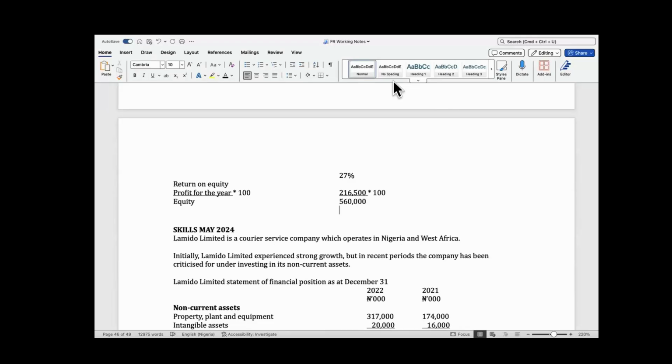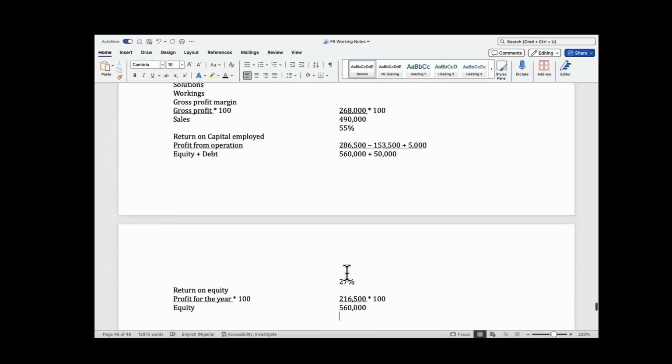The 27%, I have 22.6. I'm not sure it's 27. Please, let's confirm. Yes, it's 22%, 0.22.